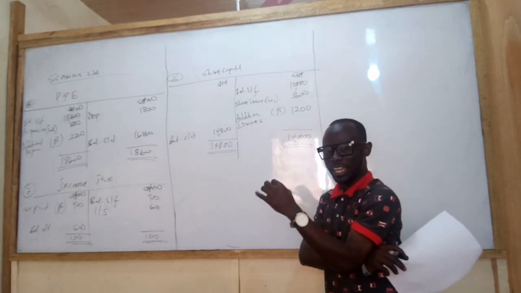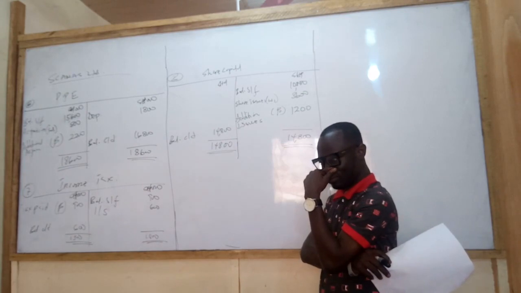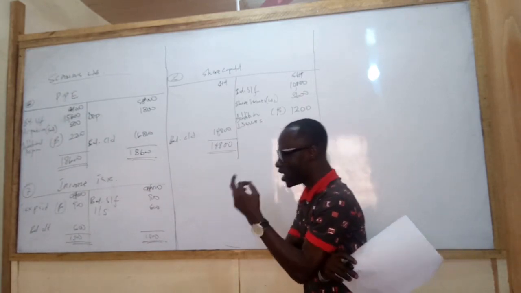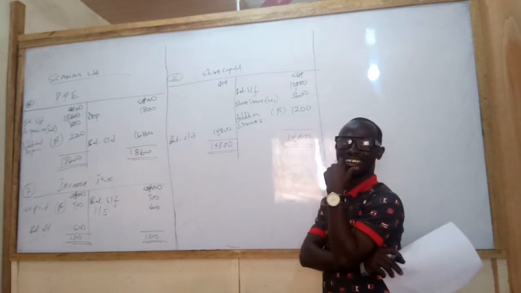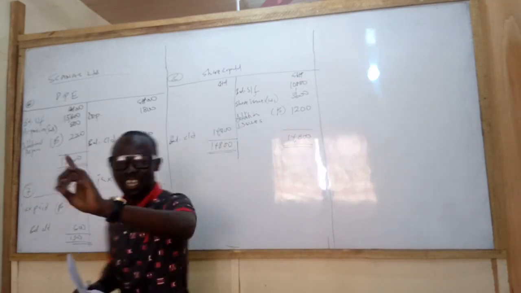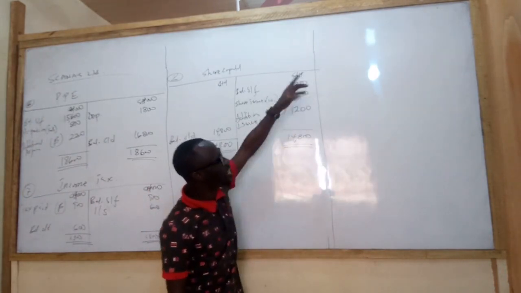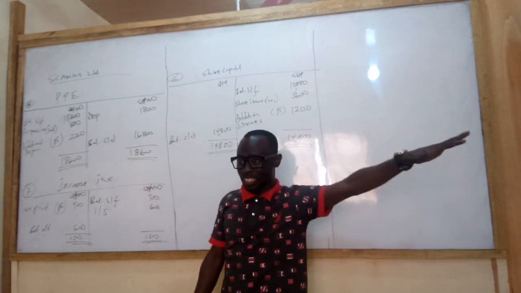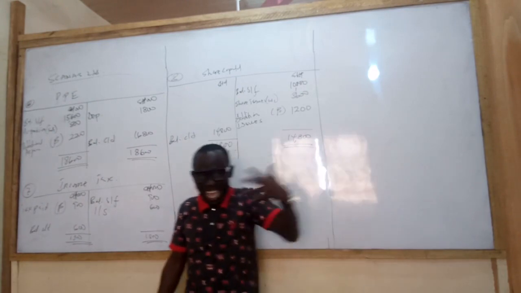I'm asking you this question because when we get to financing, should we bring this 3,600 and this 1,200 there? The share issued to the subsidiary, did we get cash from there?